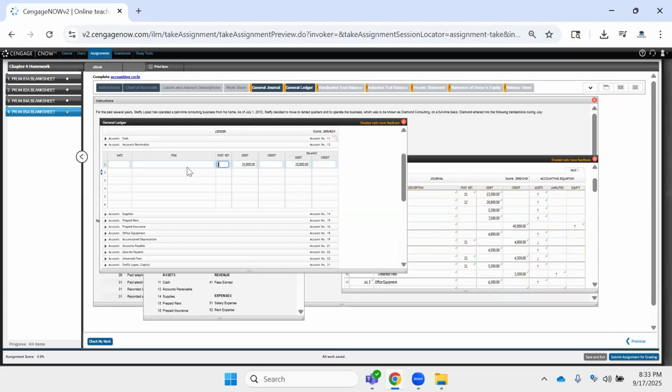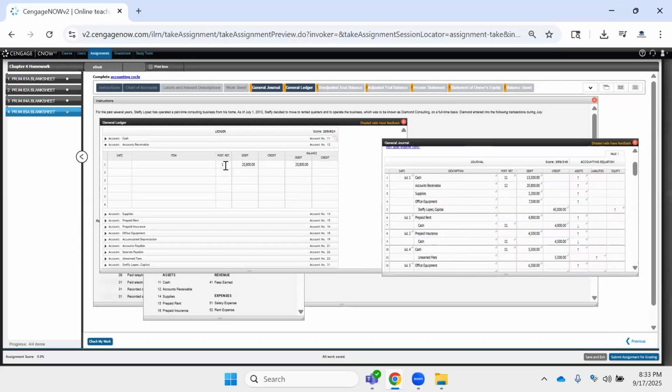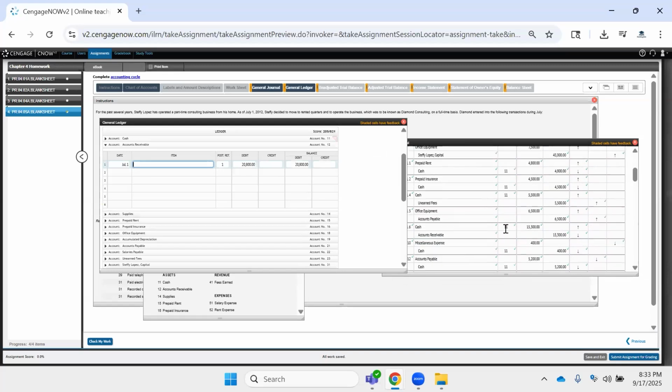That's going to be our balance. Page 1 of the journal. The journal entry was the July 1st initial funding entry. Let's see here. We also have a July 6th entry. And the July 6th entry is for 15,300.